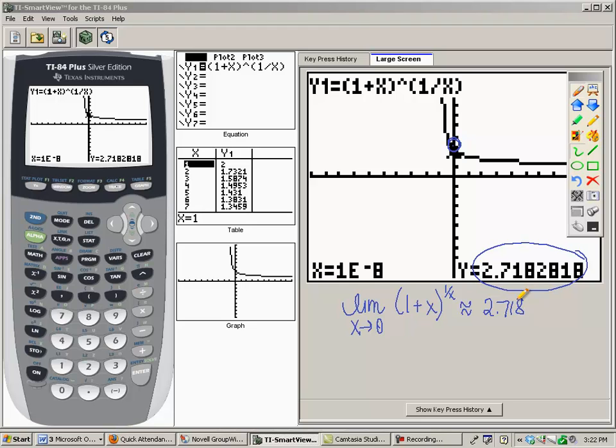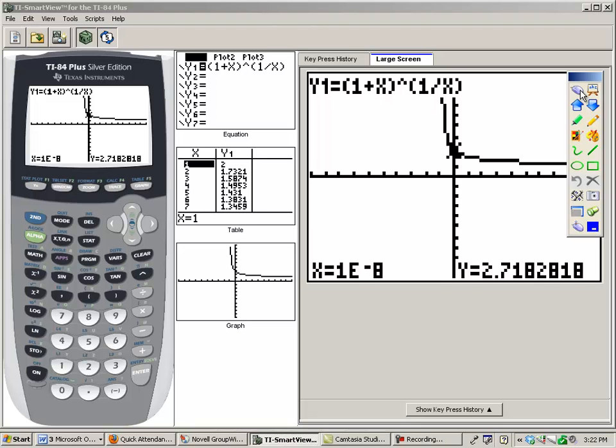And your goal is to pick a value that's really close to 0, but you only want to pick a value that's in your window. So you could do probably, like, 1 times 10 to the negative 15th if you want, as long as you put it in scientific notation instead. So just keep that in mind. And again, this is one that we're going to play with as we go through.